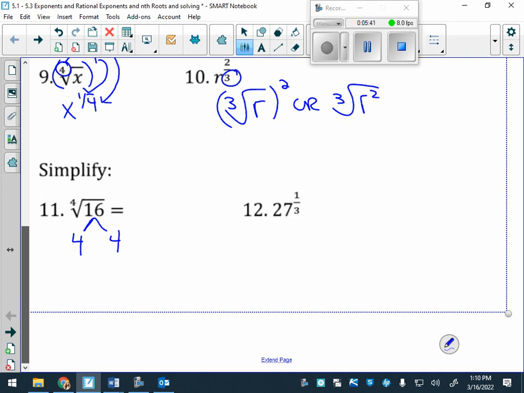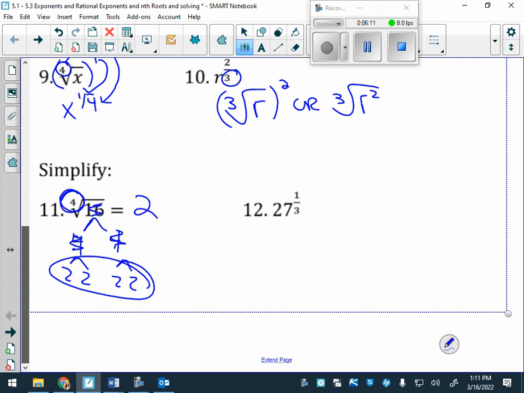However, now the index tells us how many of a kind we need before we take it out. Remember with square roots, we were looking for 2 of a kind. For every pair, 1 came out. Now, if the index changes, that indicates how many of a kind we need to take out. So 4 of a kind, that's our answer when 2 comes out.